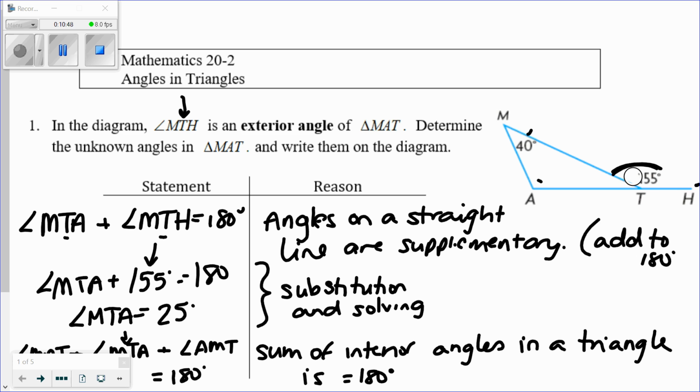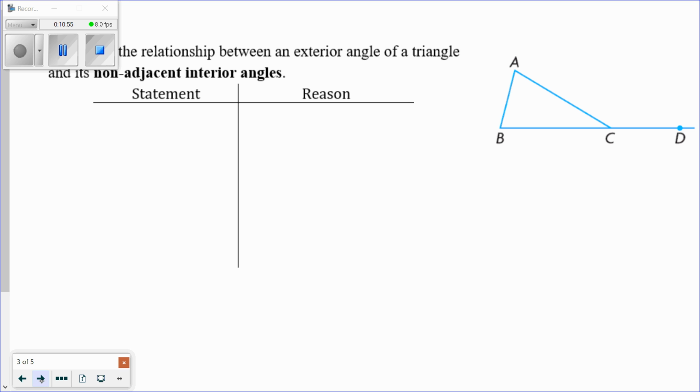So back to question 3. Determine the relationship between an exterior angle of a triangle and its non-adjacent interior angles. This is what we were actually doing on the last one. This is an exterior angle, where we've taken this line segment of the triangle and continued it outwards.